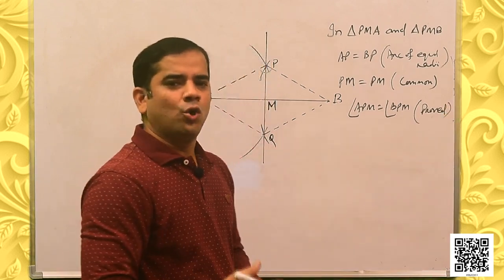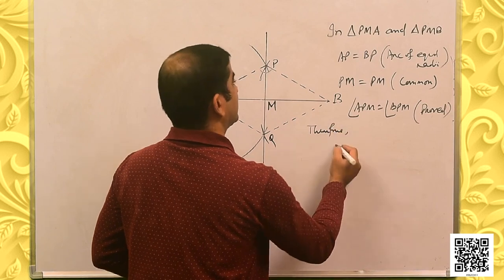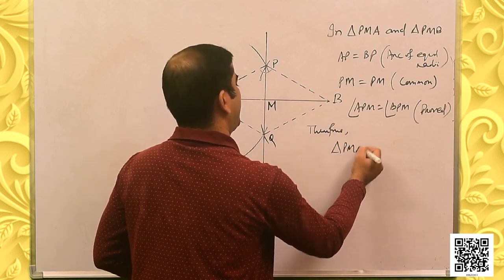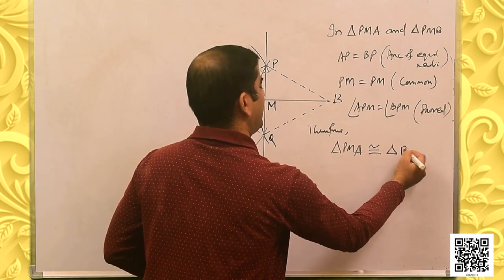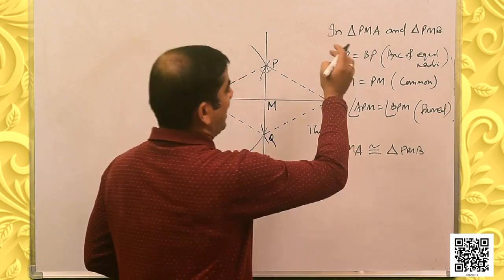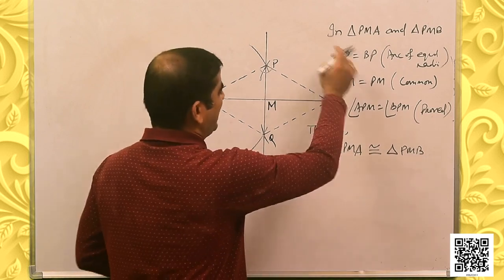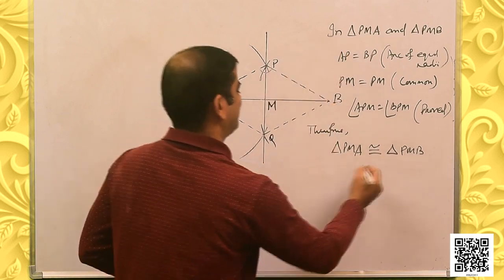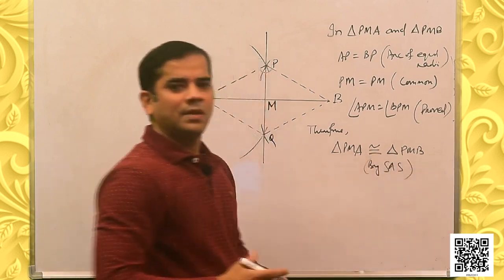Fine. So, therefore, triangle PMA is congruent to triangle PMB. By which rule? It is SAS, isn't it? Side, angle, side. Fine.